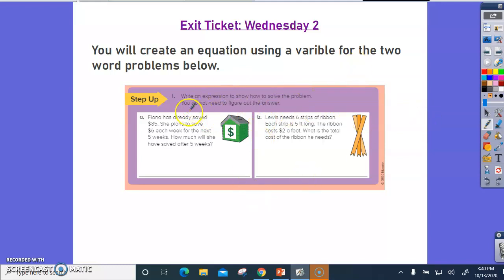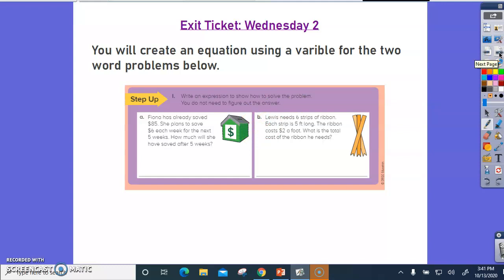But you are going to build an equation with a variable for number 1, A and B. Before I release you to go to the independent work, I want you to make sure that you show me your answers to these equations before I say you're good to go to the independent work. I need to know that you are doing these correctly before you do the independent graded work.